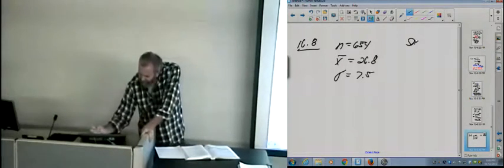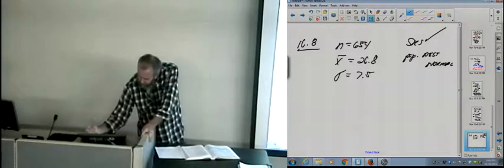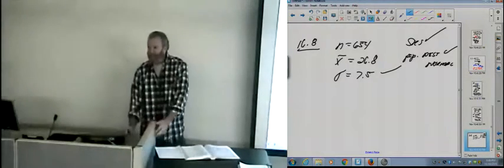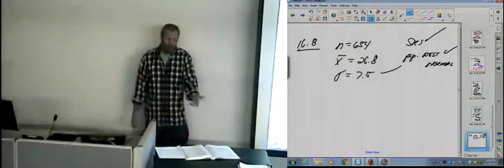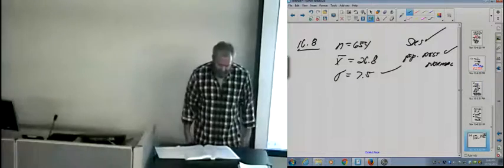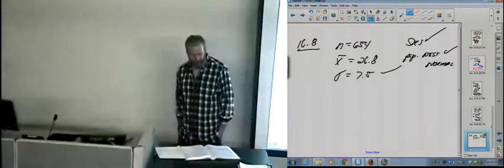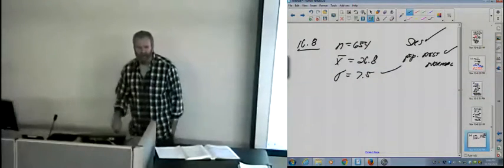You had a simple random sample. Population distribution was normal. And they gave me the standard deviation of 7.5. Those are the simple conditions they're reminding you of. It says, give the three confidence intervals for the mean BMI mu in this population using 90%, 95%, and 99%.